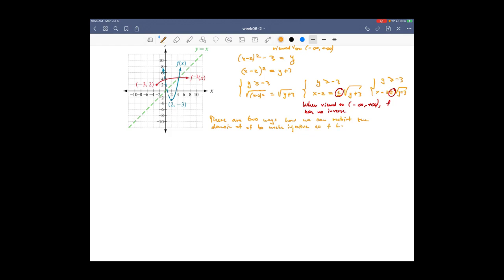So f has an inverse. Right now it doesn't because it's not injective. One way is to say that the domain of our function is the right branch from 2 to infinity.